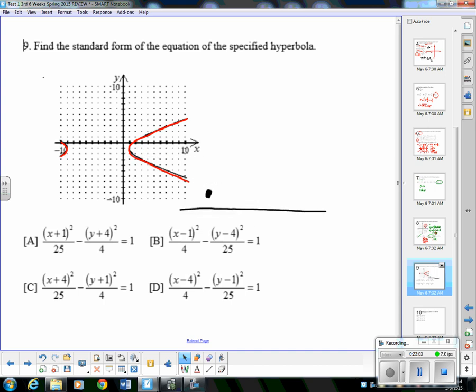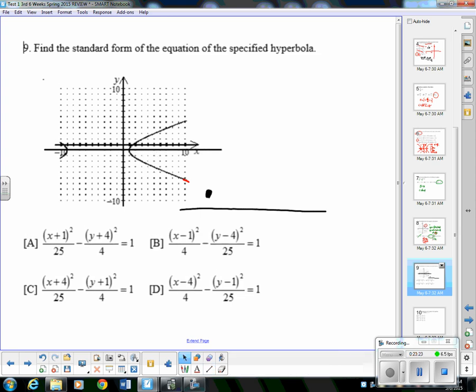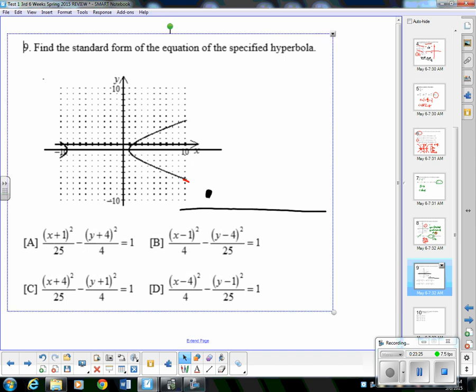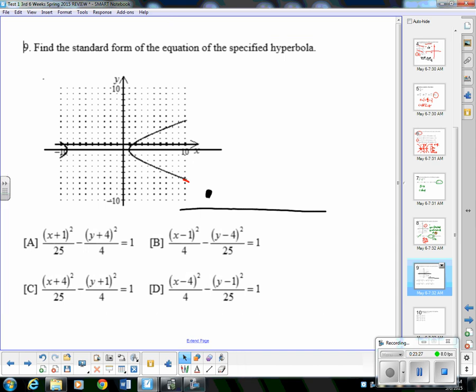I can tell by looking at this graph that our hyperbola has an axis that goes along through here. I need to change colors. This line.